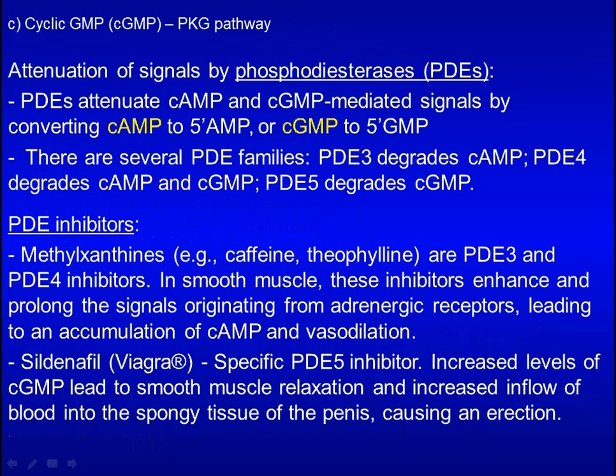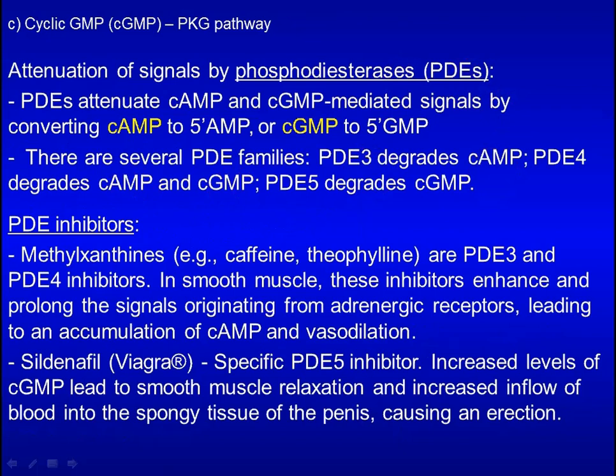Signals mediated by cyclic AMP and cyclic GMP can be attenuated by phosphodiesterases, or PDEs. There are several PDE families. PDE3 degrades cyclic AMP. PDE4 degrades both cyclic AMP and cyclic GMP.